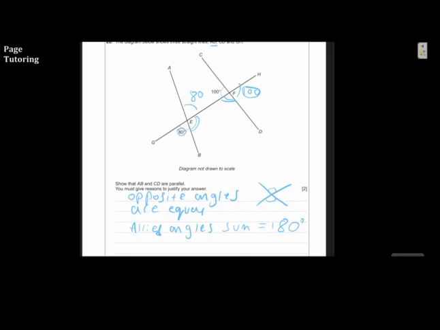So if they add to make 180, well, that must mean that this is 80 degrees. That must mean that this is 100 degrees. Same here, this must be 100 degrees, and that must be 80 degrees. And if you now compare them, their angles are exactly the same.